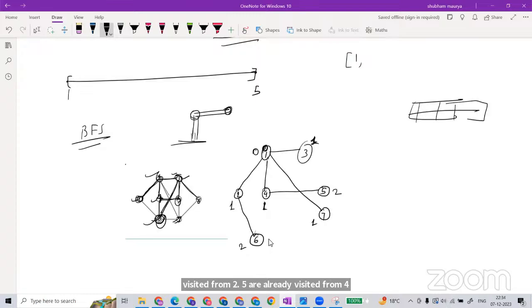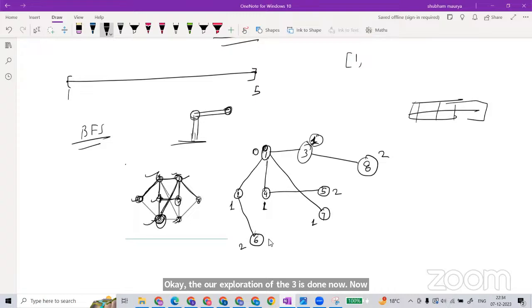Only the new thing is vertex 8. So what is the level of vertex 8? Previous level, and then add 1. So this is going to be level 2. Okay, our exploration of 3 is done.